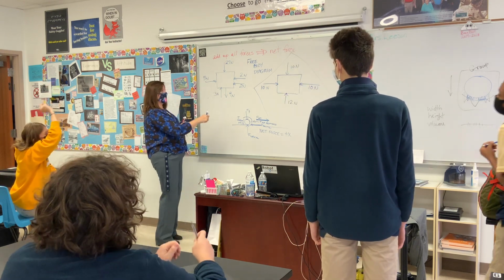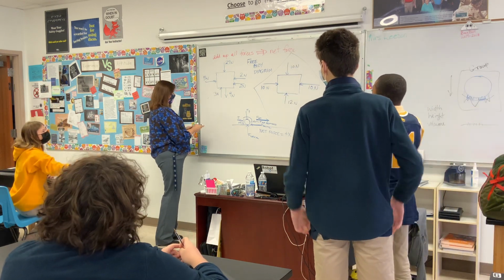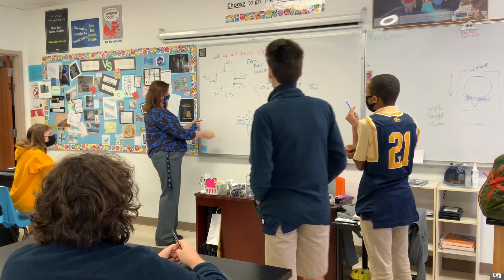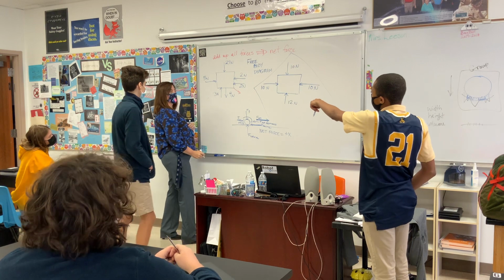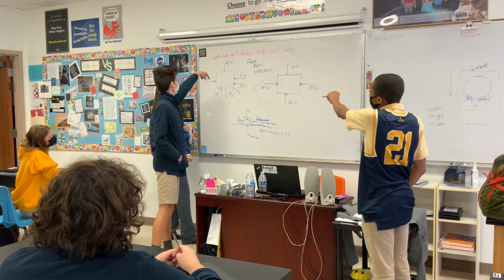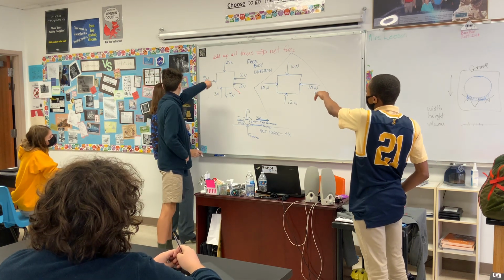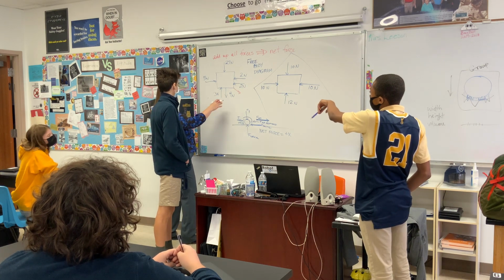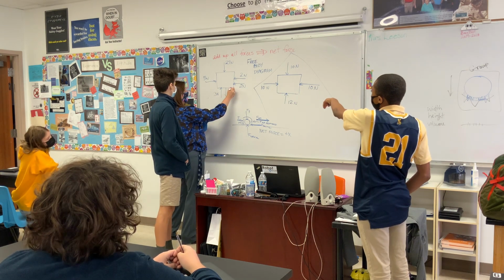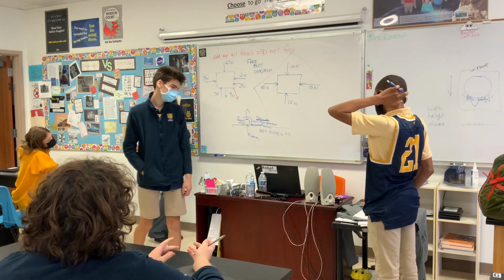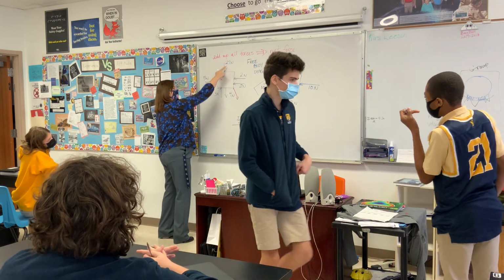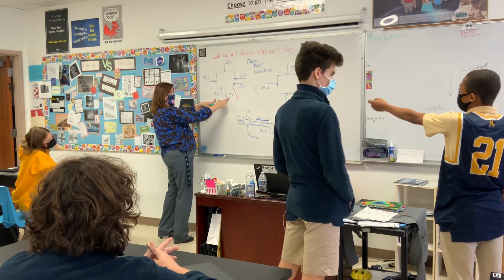No. It's down to the right. Well, Bella says it's doing this. She says down and to the right. You think it's more down? So you're thinking more down than right, because 27 compared to 12.